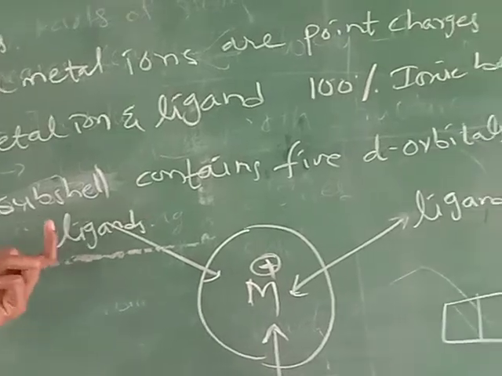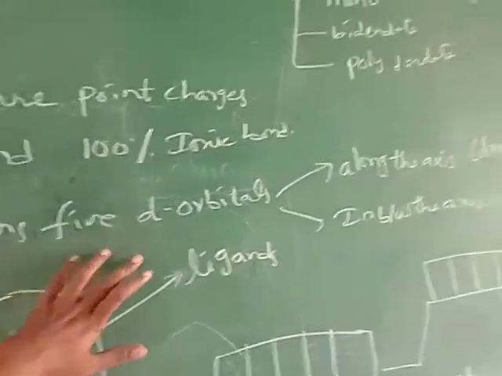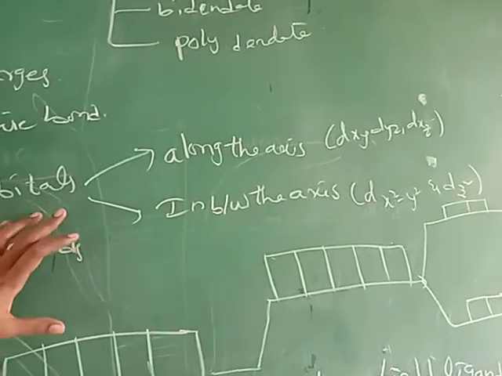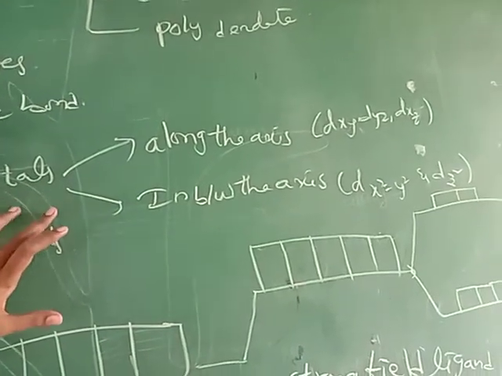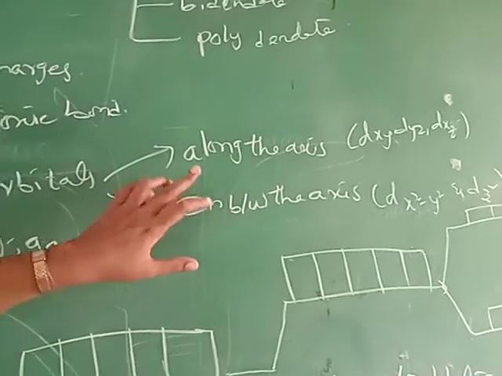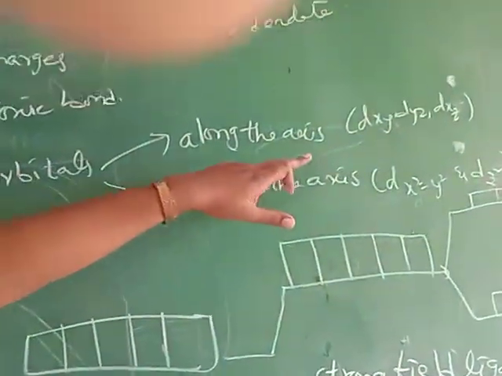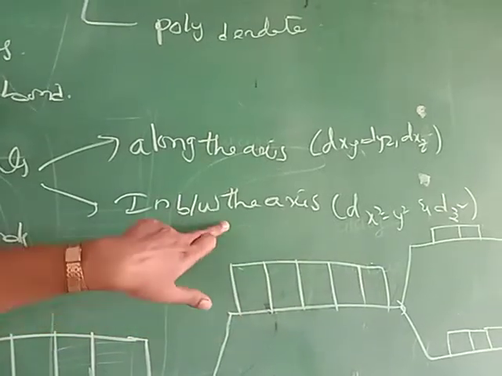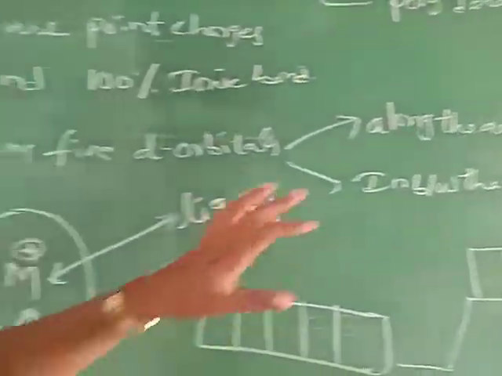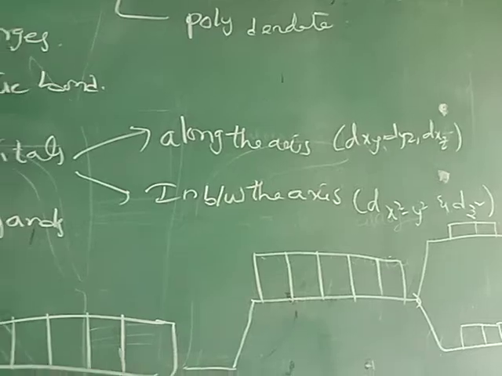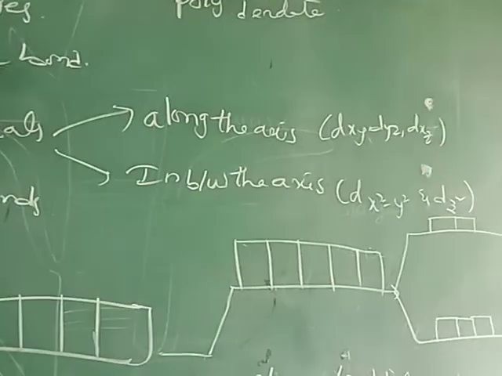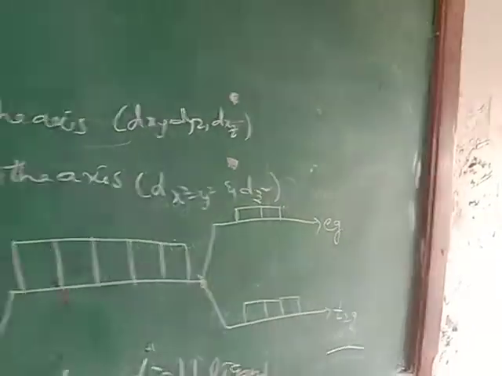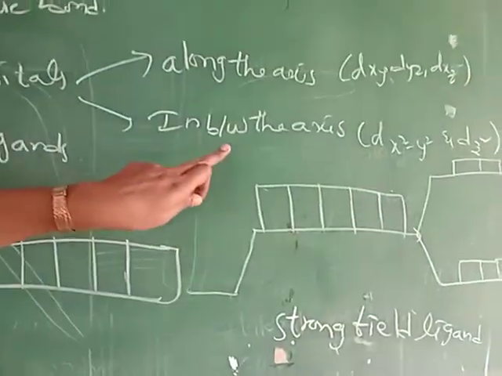Of these, 3 orbitals are present in between the axis and 2 orbitals are present along the axis. Already this topic is completed. So there are 2 types of orbitals: 2 along the axis and 3 in between the axis.